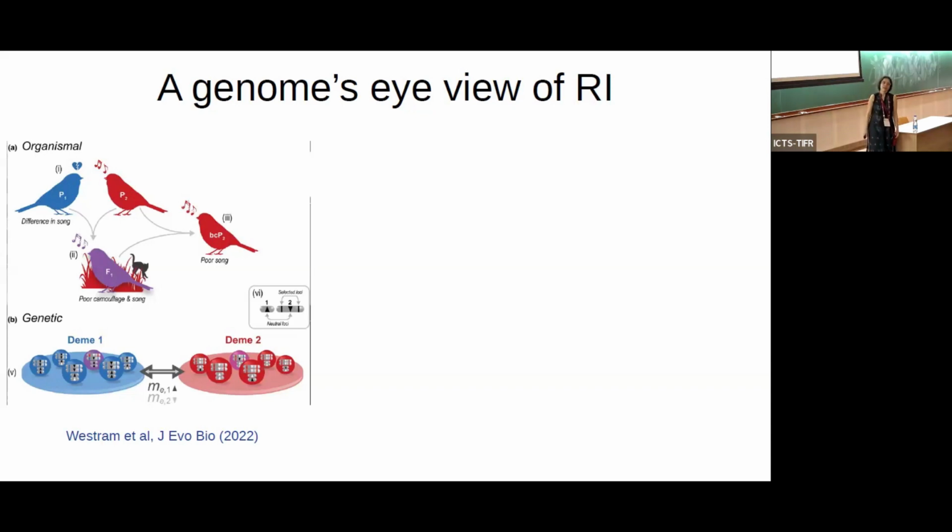If this hybrid is unfit for whatever reason, it will have fewer offspring than either the blue ones or the red ones. It's less likely to pass on its alleles to successive generations.